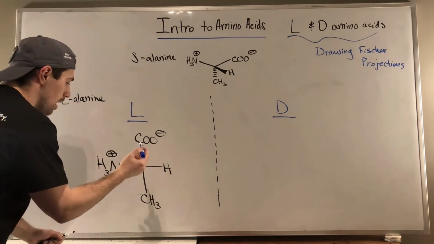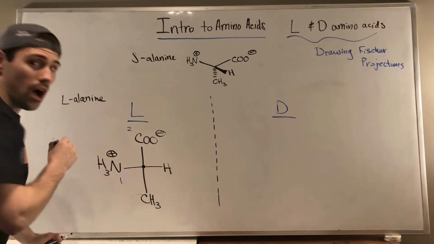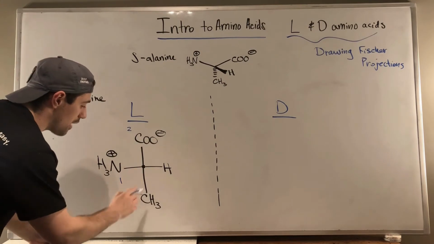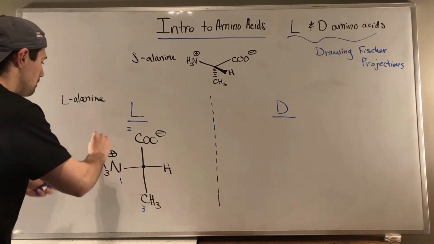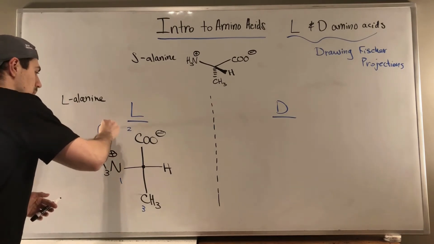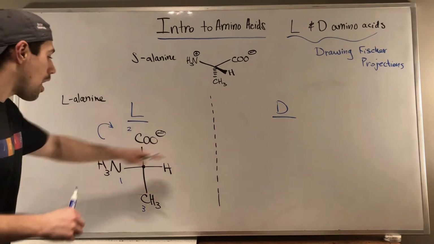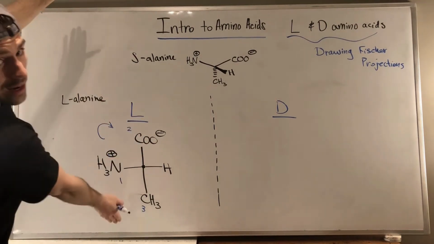So remember, priority 1 goes to the amino group. Priority 2 goes to the carboxylic acid, deprotonated here. And then finally, we have our R group, which is priority number 3. So remember, we look like R, but with Fischer projections, these things that are going across are arms coming out to hug you, and these two are things going away from you.